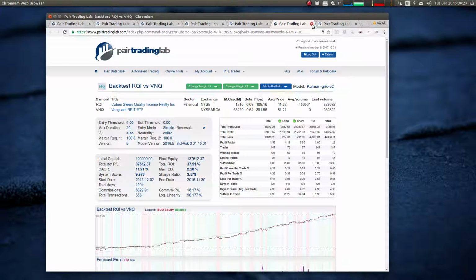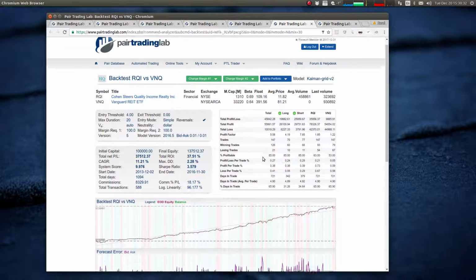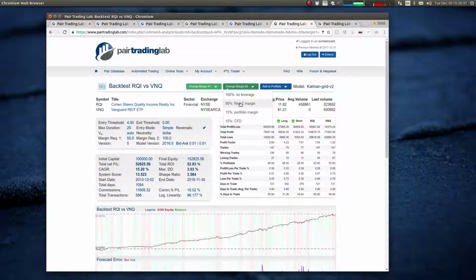So this strategy is in position 65% of the time, but still has perfect looking equity and good profit. You can see with 50% margin, this pair is doing 23%.